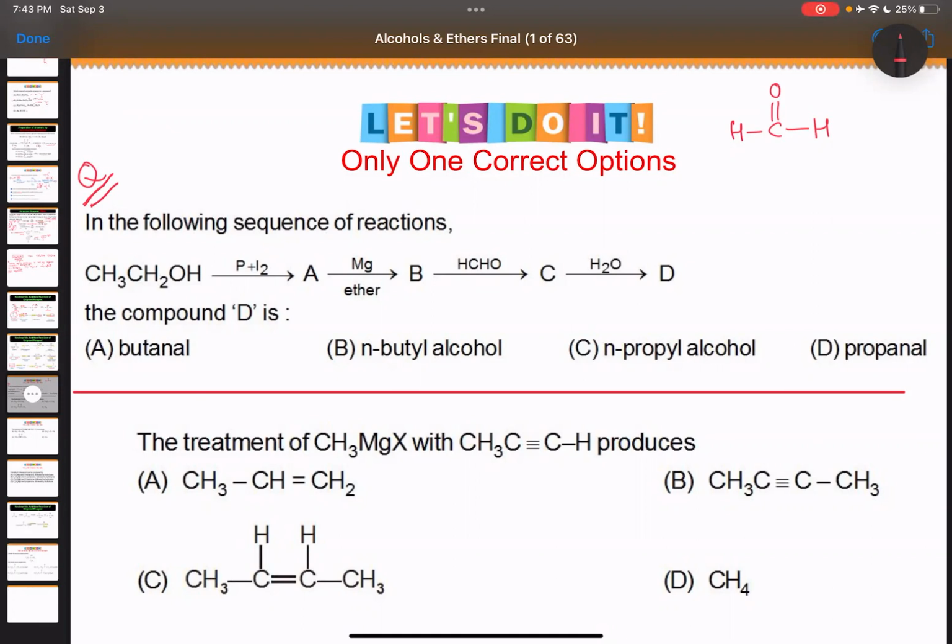So option C. Okay, let me check it here.